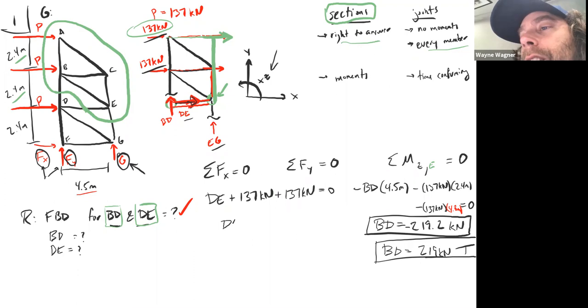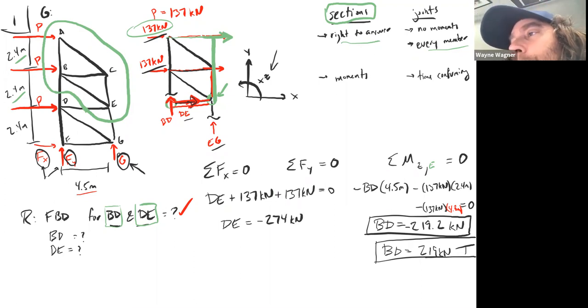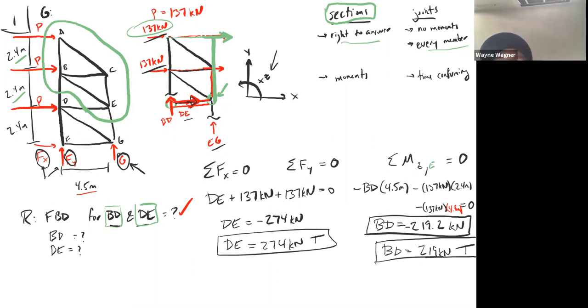So DE equals negative, what's that, 274 kilonewtons. Okay, which means I assumed that this was in compression, so it's going to end up being in tension. DE equals 274 kilonewtons in tension. Okay, and that's a nice way to solve it. Questions?